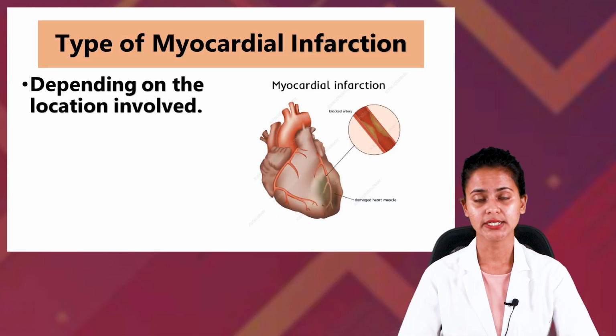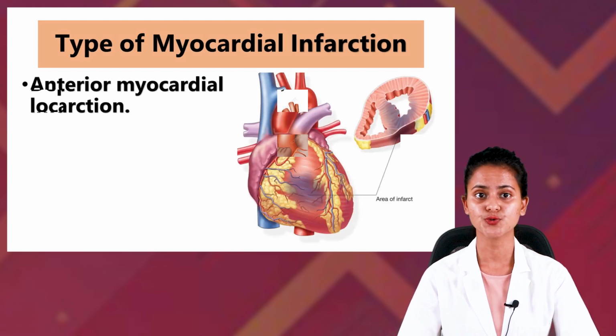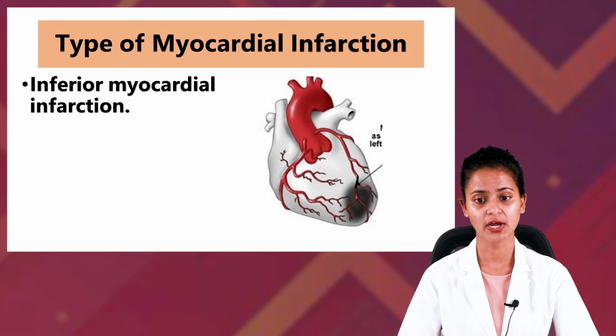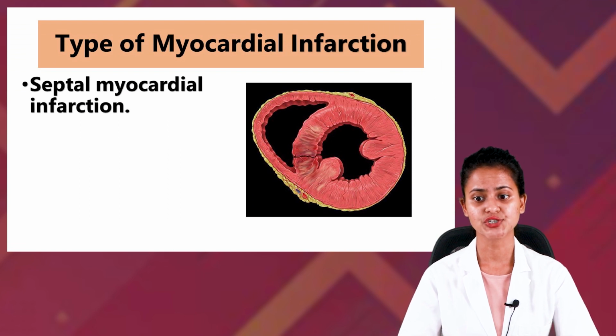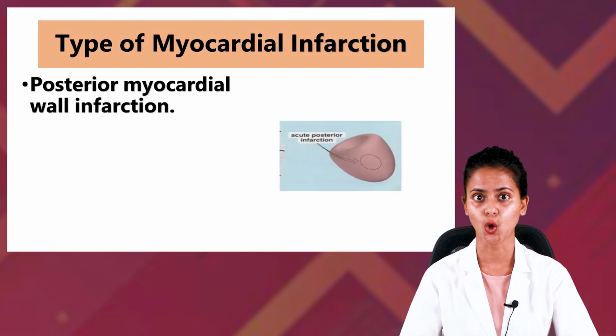Now, myocardial infarction is usually described based on the location of the damage. So depending on where the infarction has occurred, we are going to name it. There can be anterior myocardial infarction, inferior myocardial infarction, lateral myocardial infarction, septal myocardial infarction, even posterior wall infarction of the myocardium. Basically it depends on which coronary artery is blocked by the thrombus.